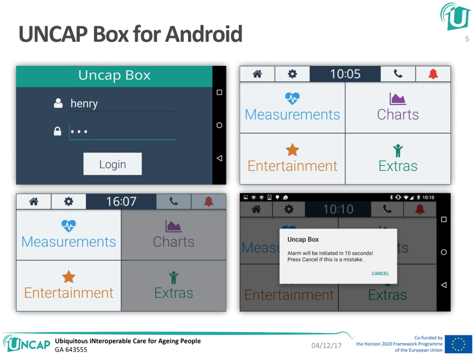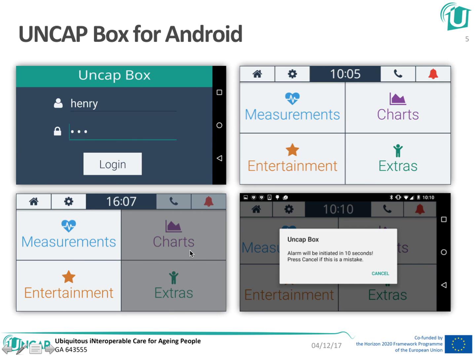Now here's a couple of screenshots of the Uncap Box for Android. There's a login screen. This is basically the same for elderly or caregivers, but it provides a different option for caregivers to select a patient and do the measurement in the name of the patient. That's the basic home screen for the elderly.